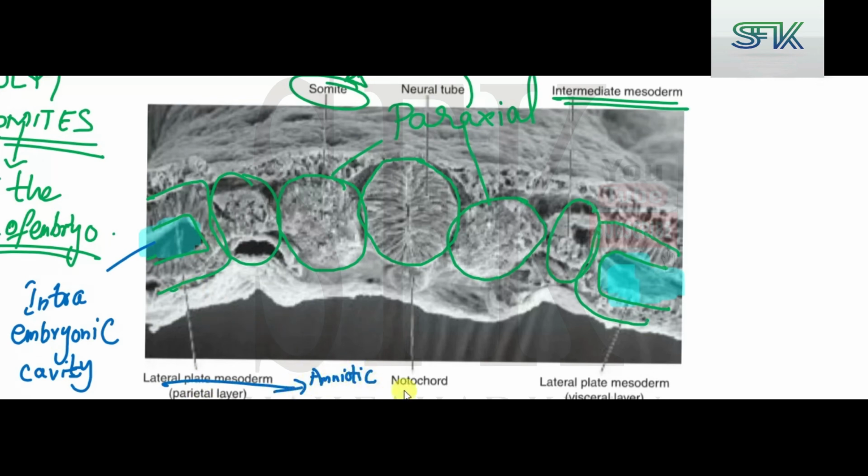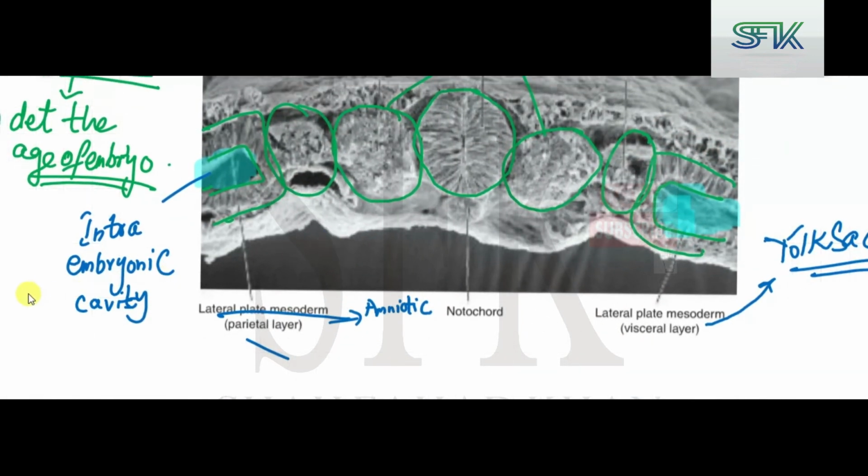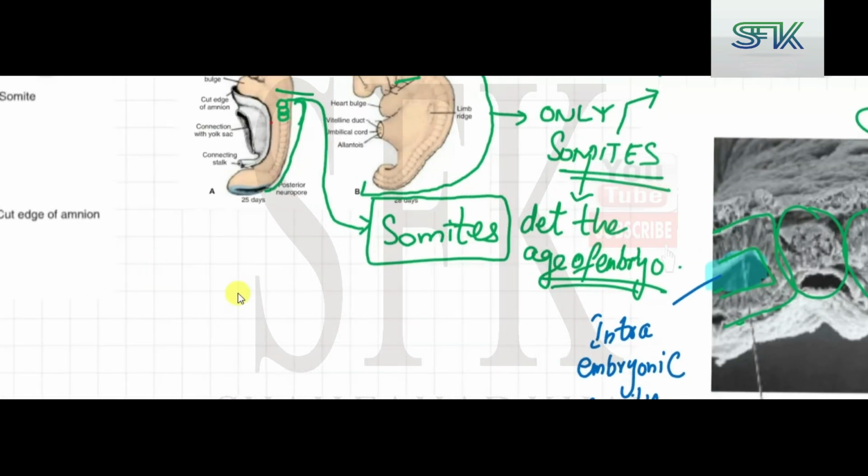We've talked about this. And what cavity does the visceral layer, or the splanchnic layer, surround? It surrounds the yolk sac of the embryo, right?